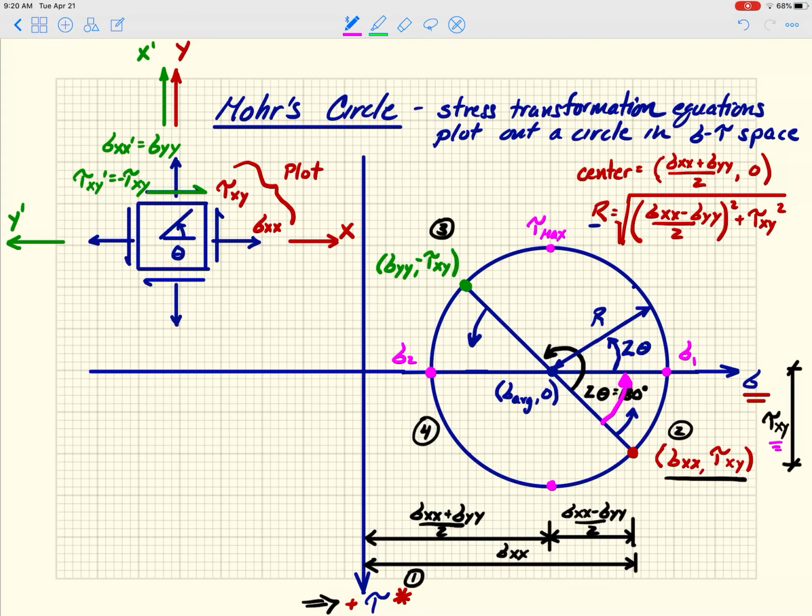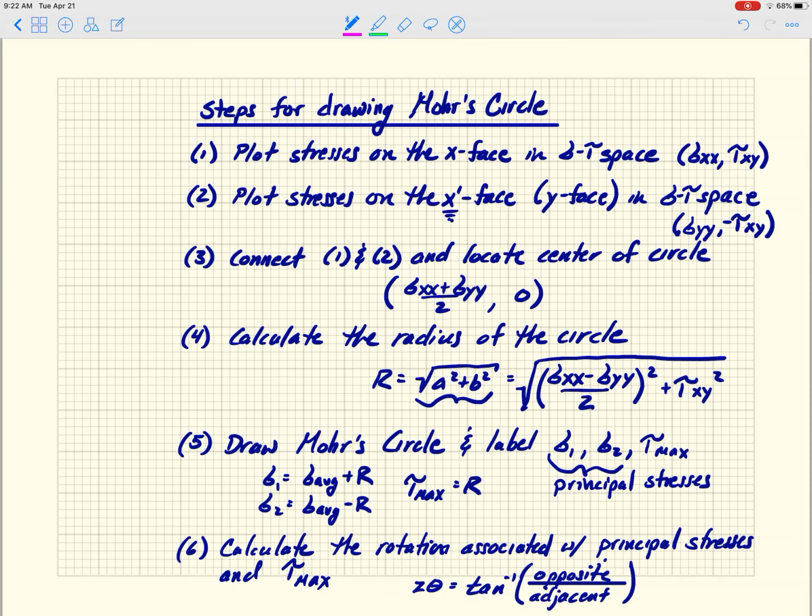That's going to be tau xy, the opposite, over the adjacent, which would be this sigma xx minus sigma yy. And then I would take the inverse tangent of that, and then I would divide it by 2.